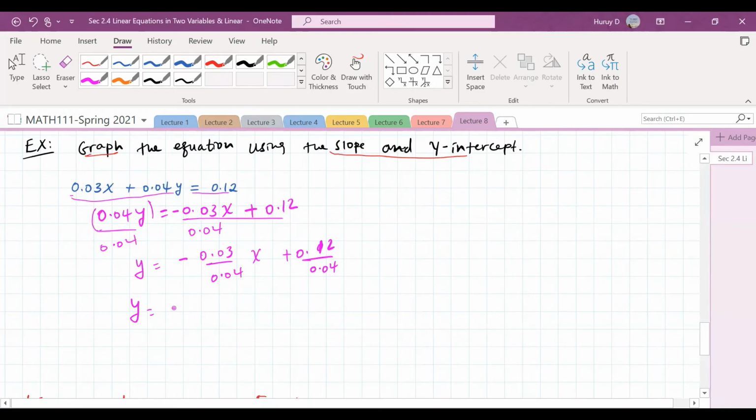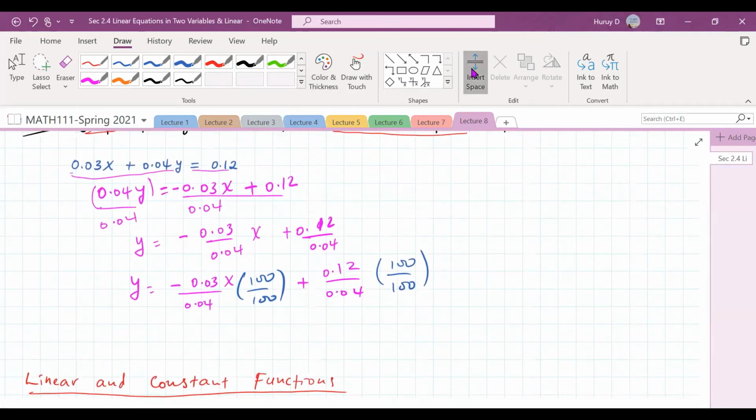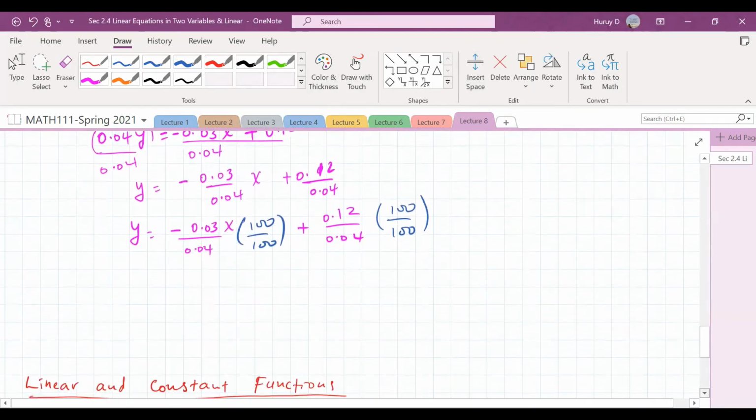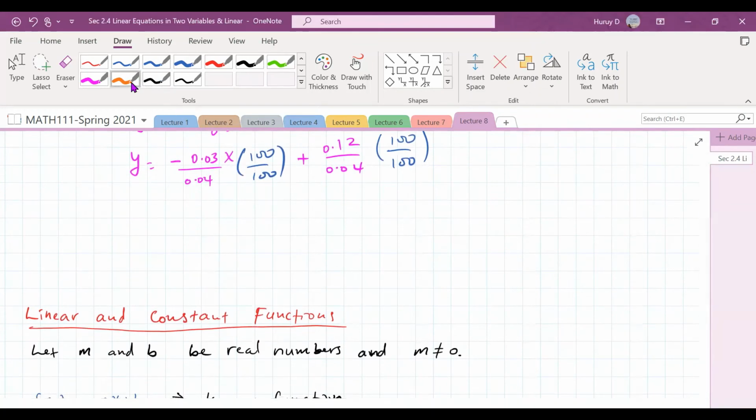So I will multiply this by 100 over 100, and I'm not changing anything, and the same for 0.12 over 0.04. Since it's 100 over 100, it's still 1, and when you multiply a number by 1, it doesn't change anything. So we are not changing the equation.